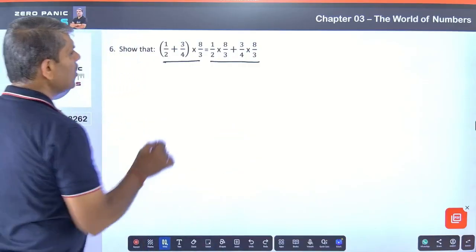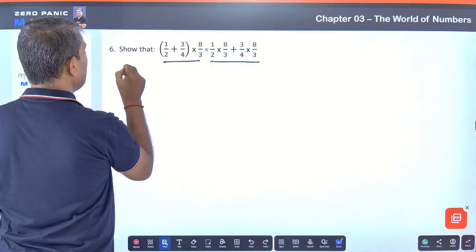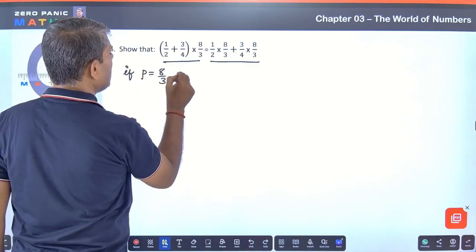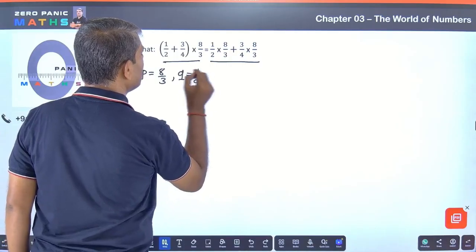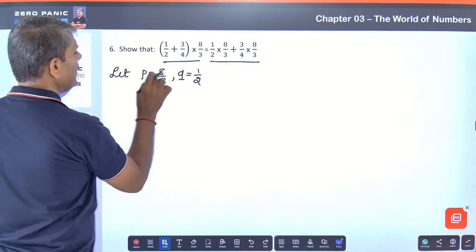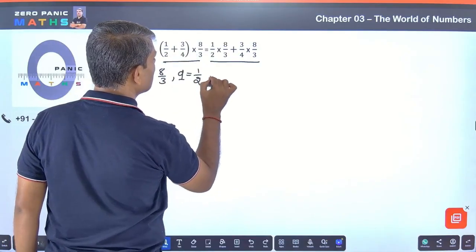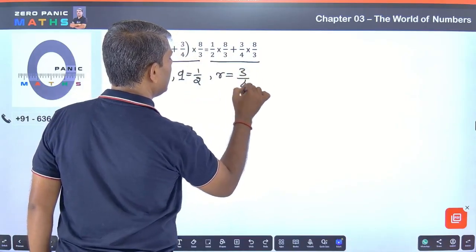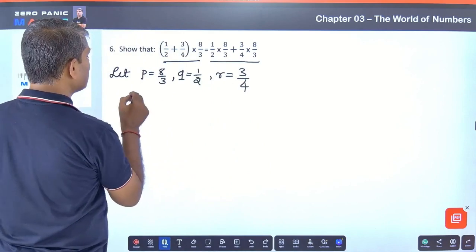You're getting it? So if you consider, see, if P is equal to 8 by 3, okay, and Q is equal to 1 by 2, okay, or I'll say let P equal to 8 by 3 and Q is equal to 1 by 2 and R is equal to 3 by 4. Here in this example, if you write that, it is something like that.